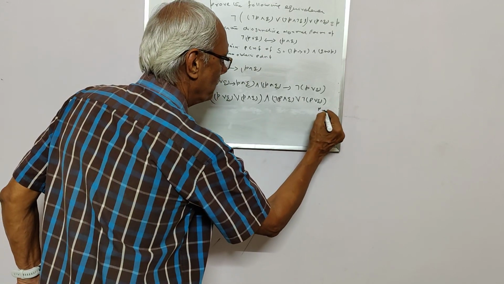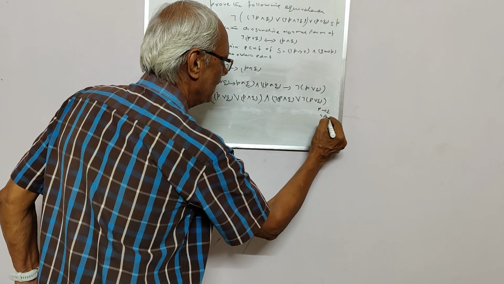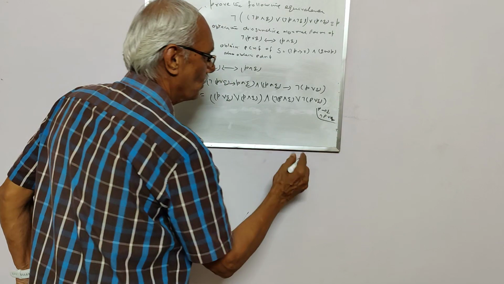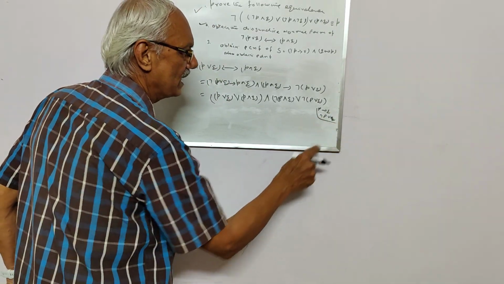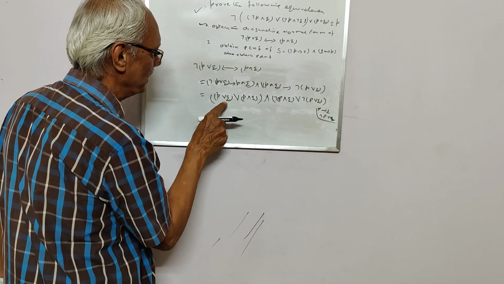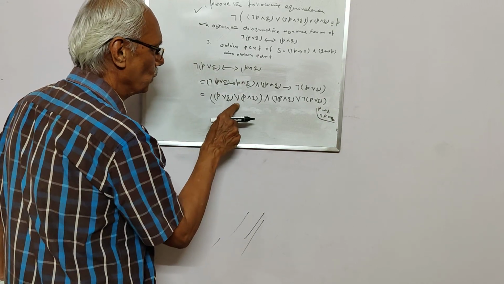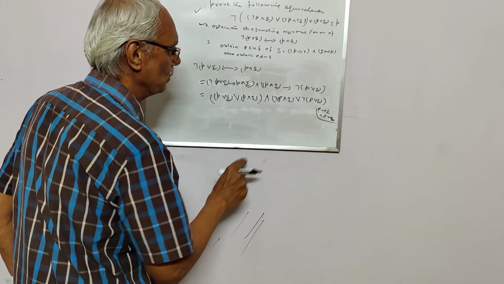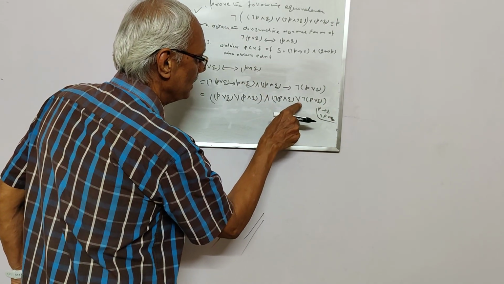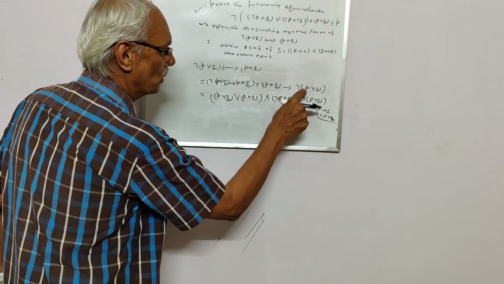P implies Q is negation of P union Q. I use that equivalent. Negation of P union Q is P intersection Q, conjunction, negation of this, union, negation of this. That is what is given.